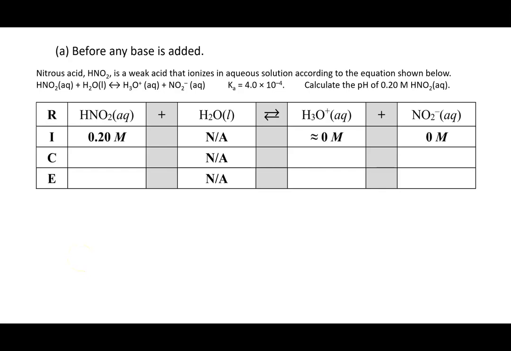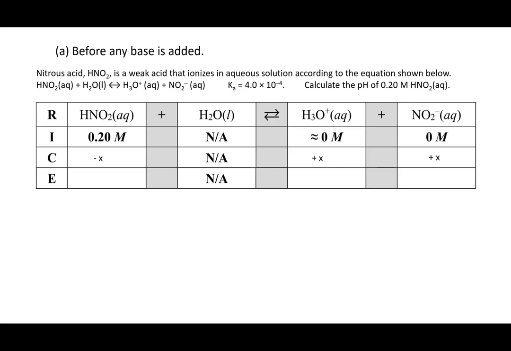All right, so when we do this, we set up our RICE box. We have 0.2 moles per liter of HNO2, none of H3O plus and NO2 minus, and of course we don't concern ourselves with the water concentration.